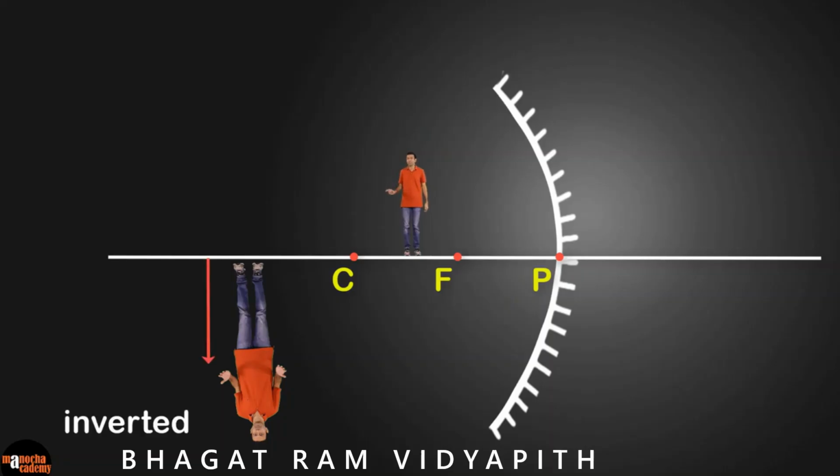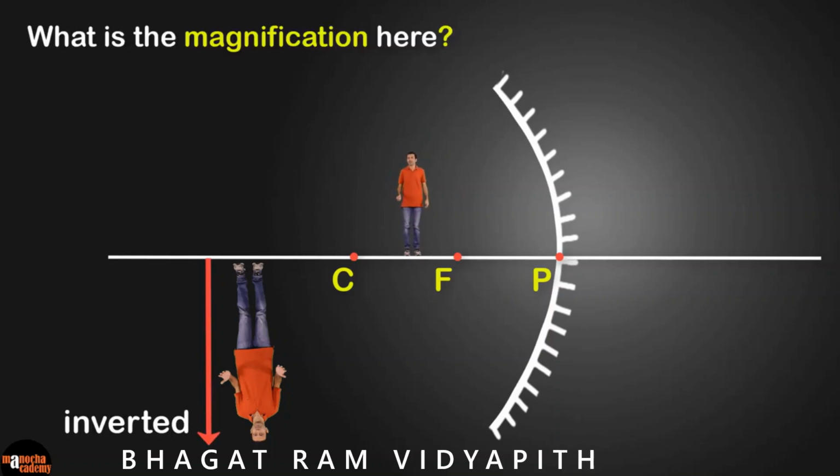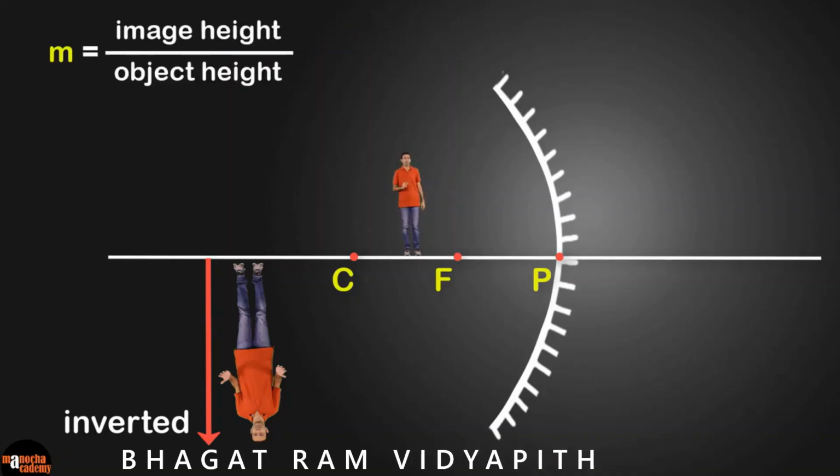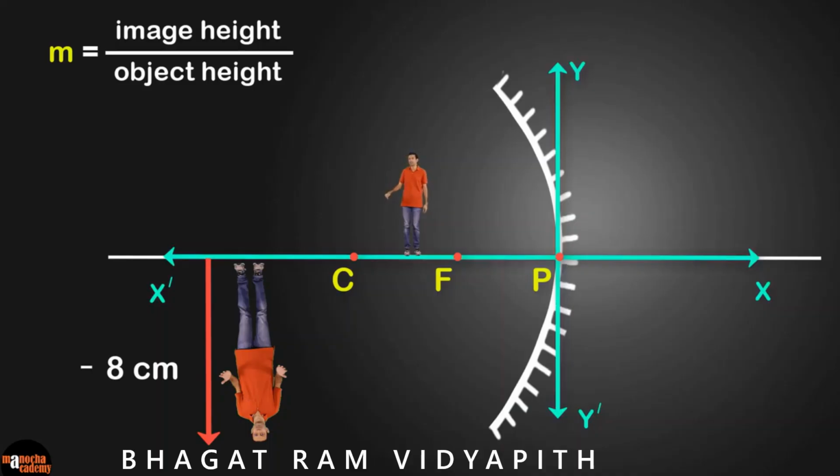Now let us look at a case where the image is inverted in a concave mirror. So what's the magnification here? Let's use the magnification formula m equal to image height divided by the object height. Now the image height here is minus 8 centimeters because the image is along the negative y-axis.